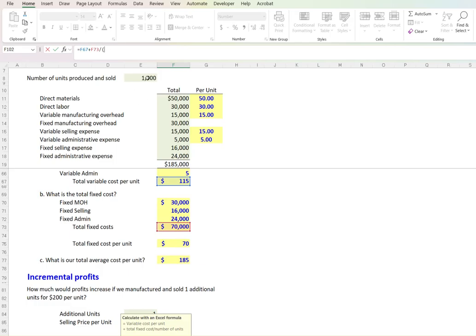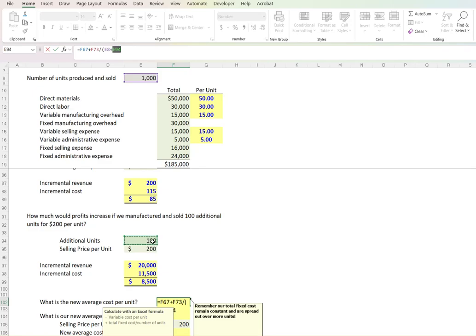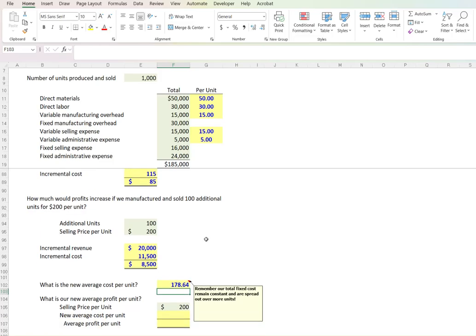And originally we were producing 1,000, and now we're producing what? An additional 100 units. So our new average cost per unit is $178.64.